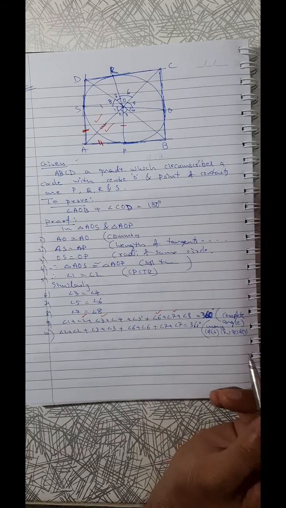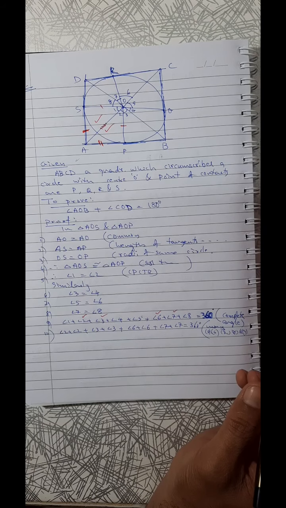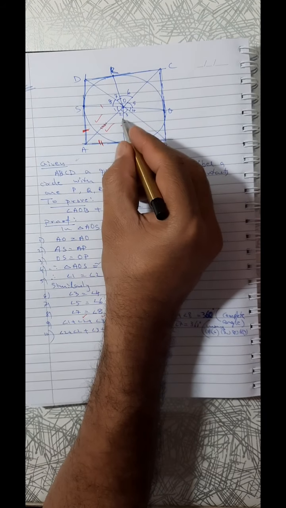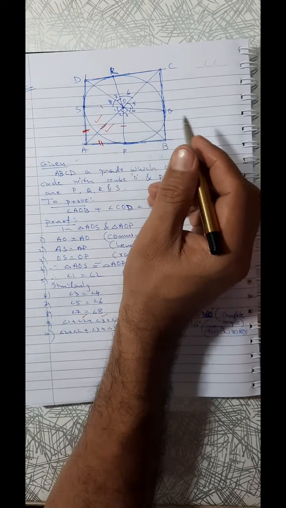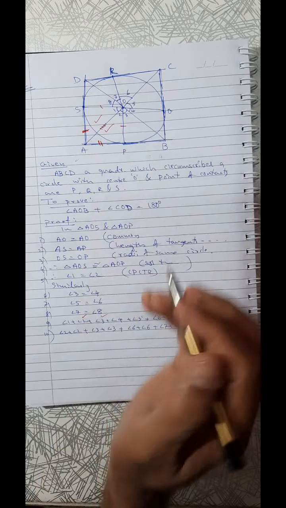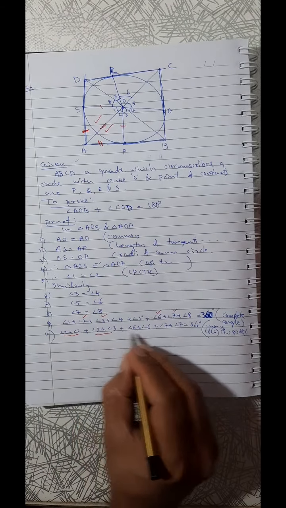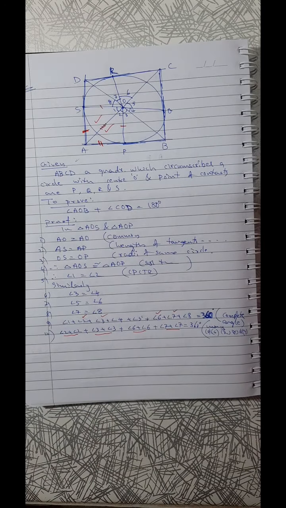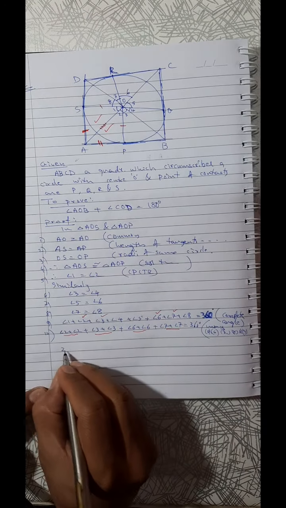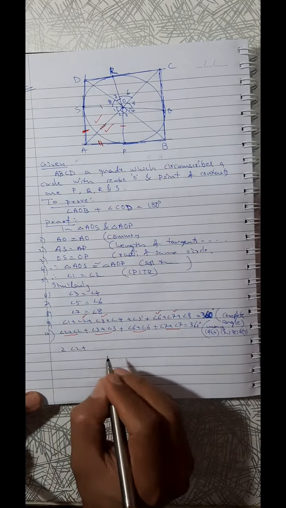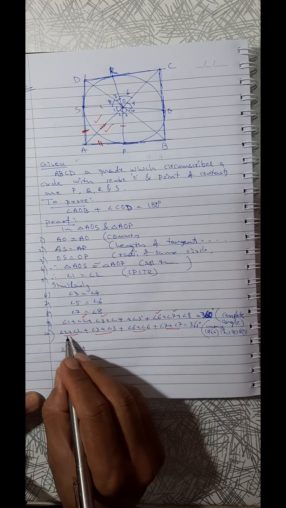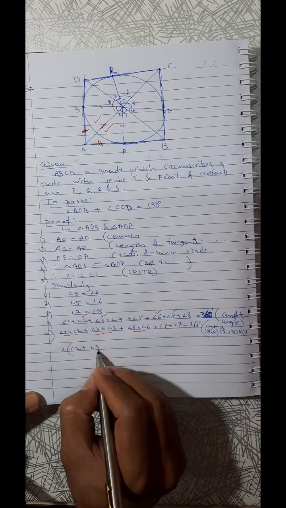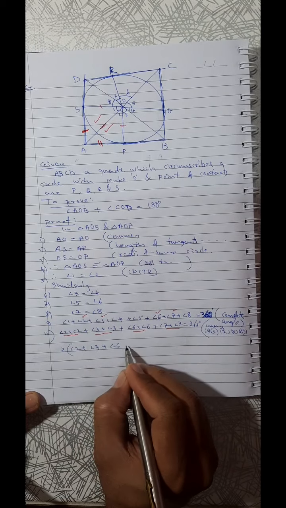Why? From AOB I need 2 and 3, and from COD I need 6 and 7. So clubbing these together, everything is doubled: double of angle 2, double of angle 3, double of angle 6, double of angle 7.